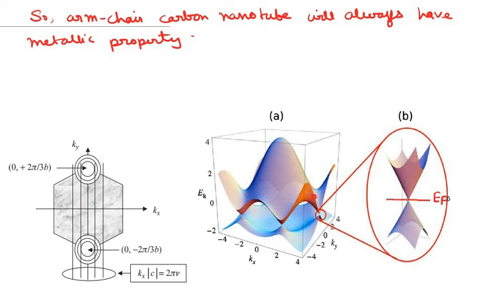Capital K may be the magnitude of this vector, or of this vector, or of this vector. As long as the magnitude of this capital K vector is the same, we basically have the same energy.